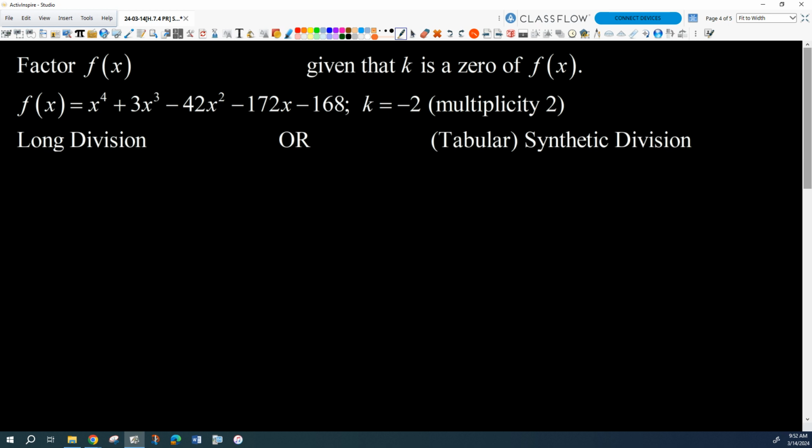I'm not going to do the whole full tabular synthetic division yet because that'll make more sense to do with the rational root theorem. But I will show you how you can nest successive synthetic division processes. So you can just do this. We know -2 is a 0, so we can set up a bracket.